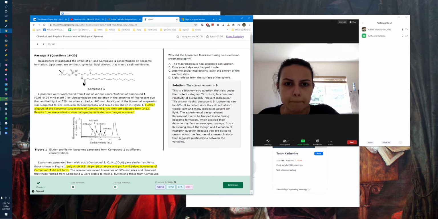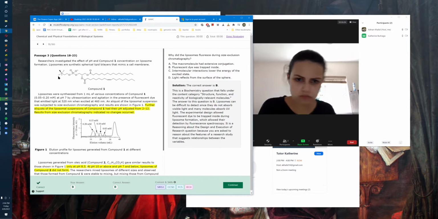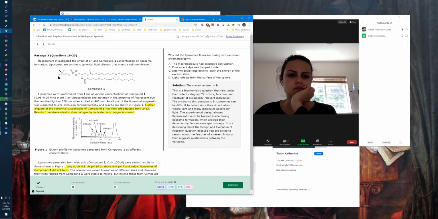Yeah. All right. Now they made liposomes using 1 ml of different concentrations of compound 1, ranging from 0.05 to 0.2. And by the way, tell me what those are in fractions.